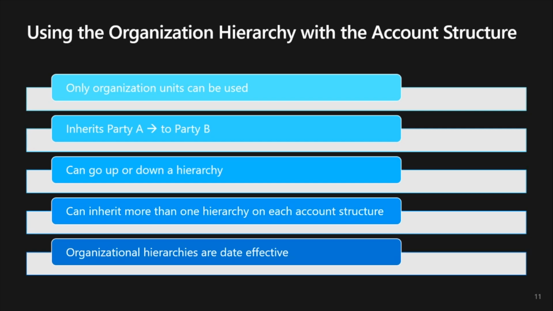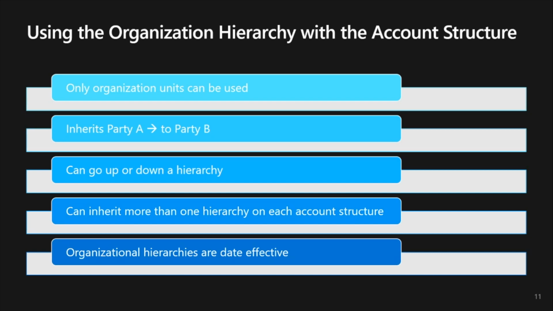In this example, if you create a hierarchy where business units are on level 2 of your hierarchy, and below each business unit on level 3 are the departments, when we inherit this relationship, then only the combinations included in the hierarchy will be allowed. This means that the lookups and the validation for the account structure would only accept the business units and departments that you defined in that hierarchy.